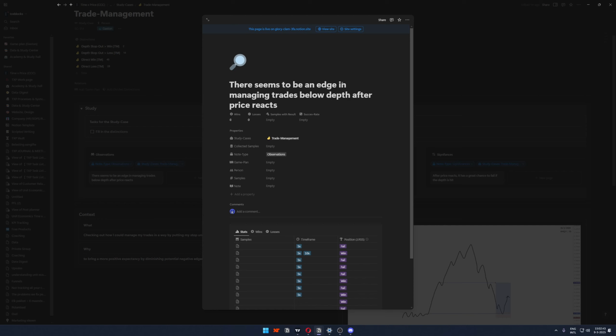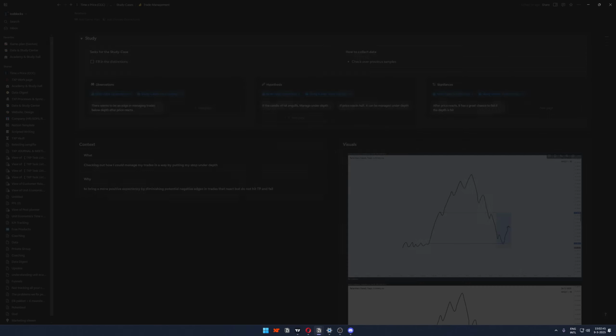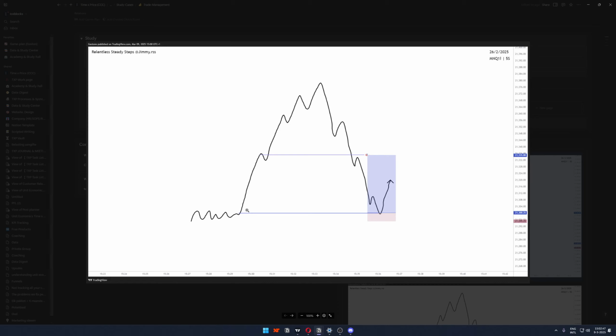So that simply means that after price starts to react, so hits the pocket itself, and price is reacting towards the target, I'm able to move my stop loss after it shows to react. So let's say, for example, a hypothesis could be that after it's reacted for 50% of what I'm looking for in the position, I can move my stop under depth.